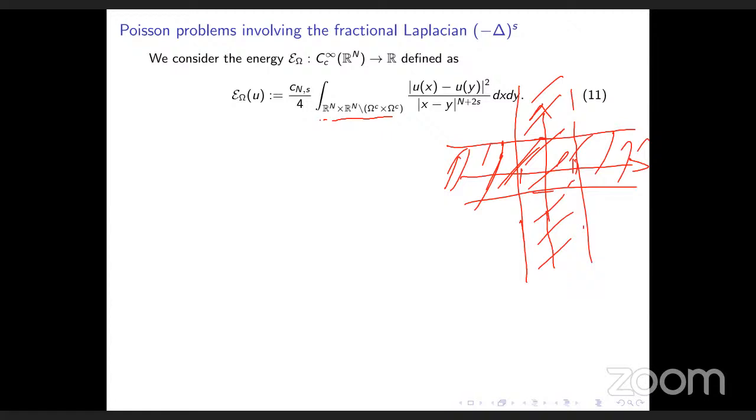And when you look at this energy, you can prescribe your Dirichlet problem with a non-zero Dirichlet datum. Of course, if you like, you can also prescribe a kind of exterior Neumann boundary condition.